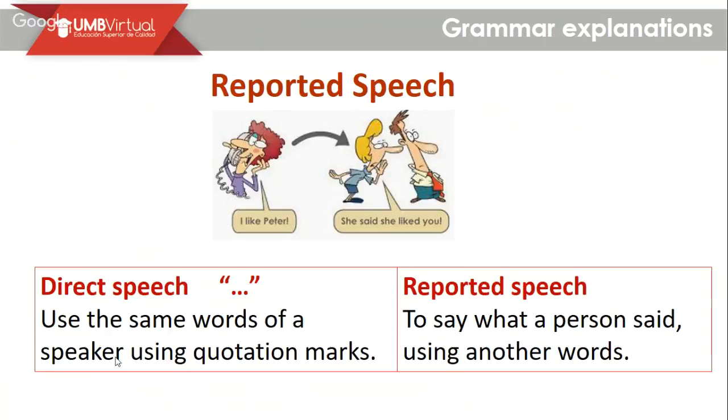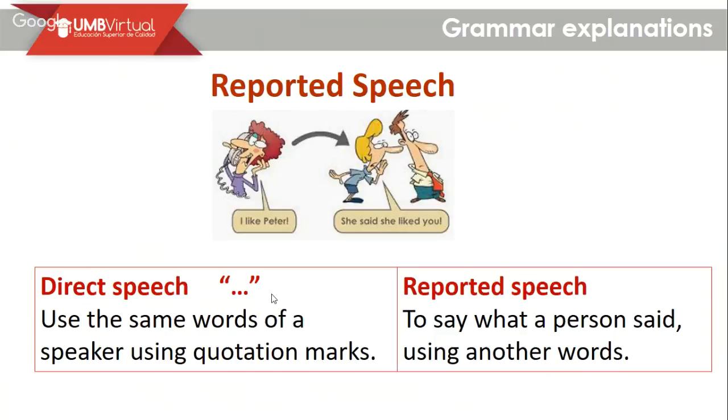Use the same words of a speaker using quotation marks. All right. Siempre que nosotros estamos utilizando o haciendo uso del direct speech, tenemos que utilizar las comillas, debido a que este tipo de enunciado lo estamos mencionando de la misma manera como el autor o el emisor inicial lo mencionó, tanto en un texto escrito como en un discurso oral.